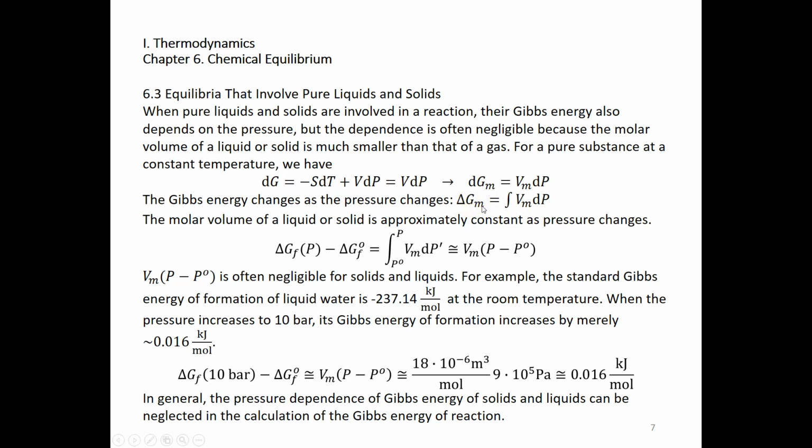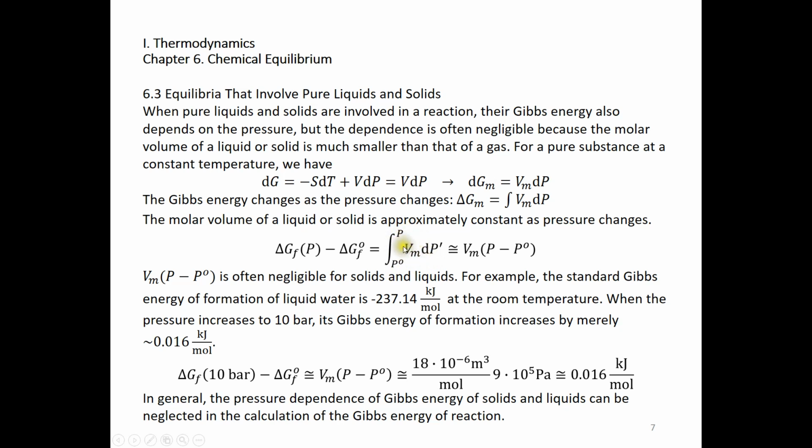Now let's look at liquids and solids. When we change the pressure, the molar volume of a liquid or solid remains approximately constant. It is very hard to change the volume of liquids or solids when you change the pressure. When we integrate this Vm dP, we may assume the molar volume of this liquid or solid within this pressure range from P0 to P is roughly a constant.